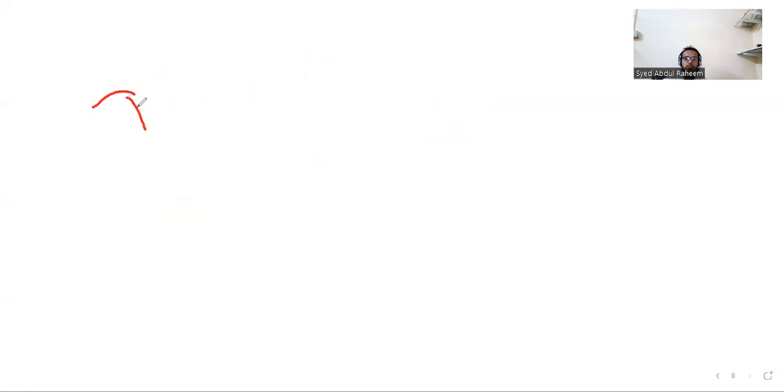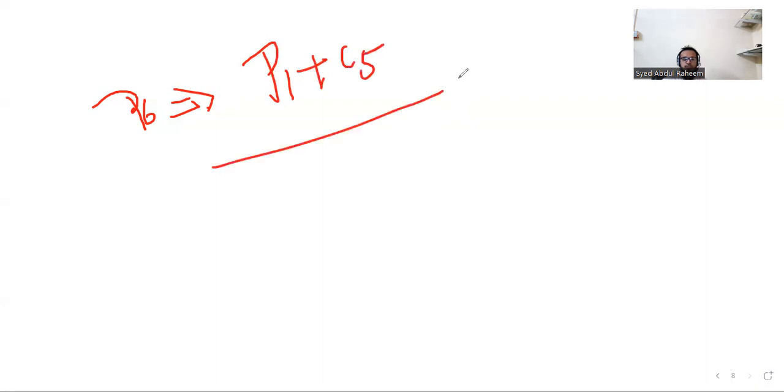Next, we have P6. What are the remedies present in P6? P1 and C5. P1 plus C5. It will reduce the inflammation of the lungs.